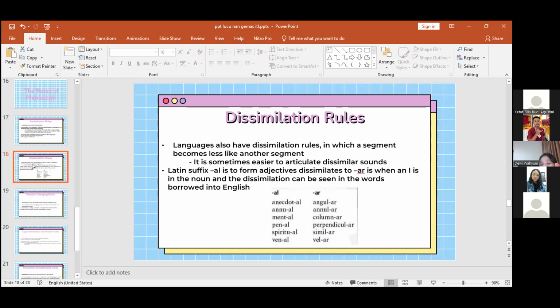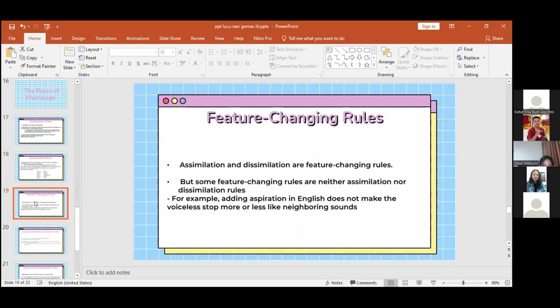Examples are anecdotal, annual, mental, penal, spiritual, and venial. Examples are annular, columnar, perpendicular, similar, and velar. Next.